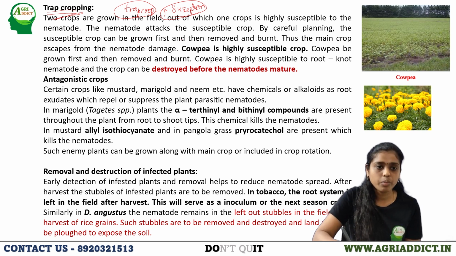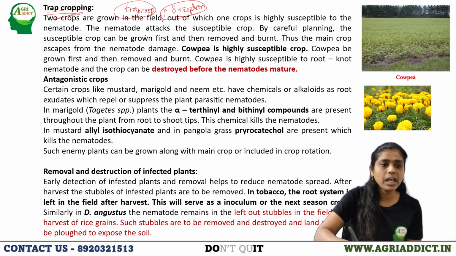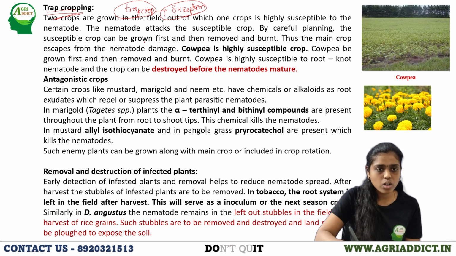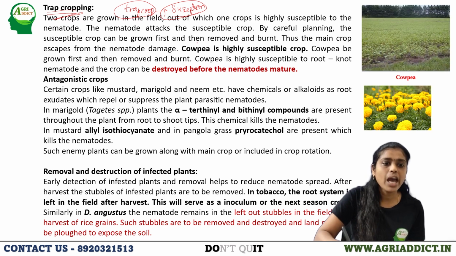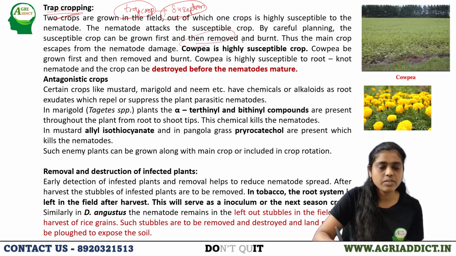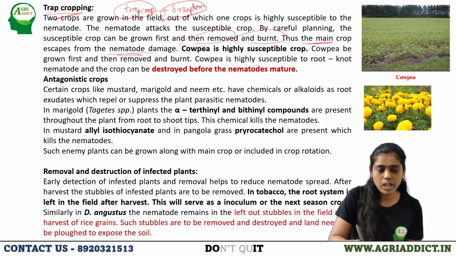Here the most susceptible crop will be gradually attacked by the nematodes, and it grows very rapidly. After a certain period of time, we have to remove the plants infested with nematodes, and they are burnt later. Thus, the main crop escapes from the nematode damage.